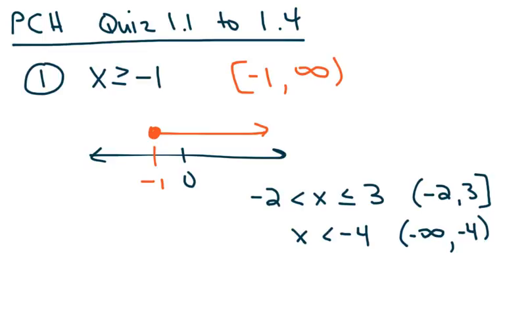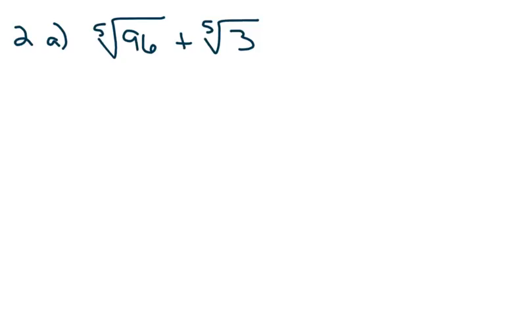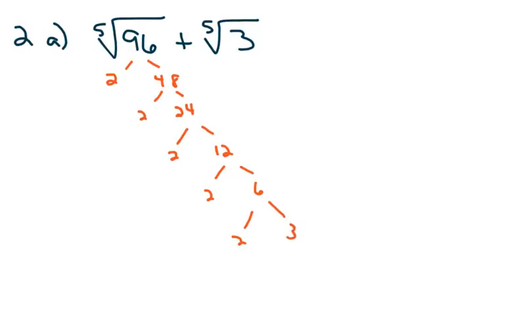The way that I dealt with 2a was I started by breaking down 96 into prime factorization. I like to use prime numbers, so I noticed it was an even number, so I kept dividing it by 2. So first I get 2 and 48, which breaks down into 2 and 24, which breaks down into 2 and 12, which breaks down into 2 and 6, which breaks down into 2 and 3.